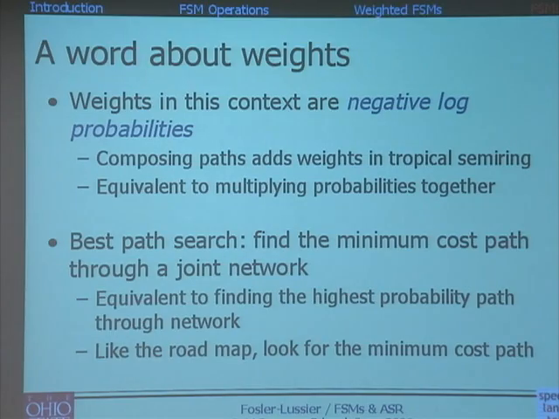Adding weights in the log domain multiplies probabilities together, so you get exactly the right probabilistic interpretation. The best path search is now minimum cost, and you can apply any of your favorite minimum cost algorithms. That's equivalent to finding the most likely, highest probability path.